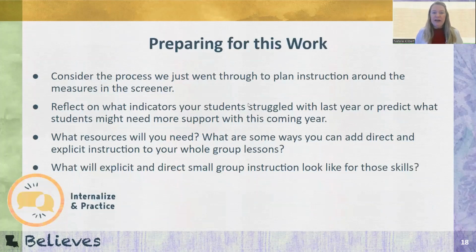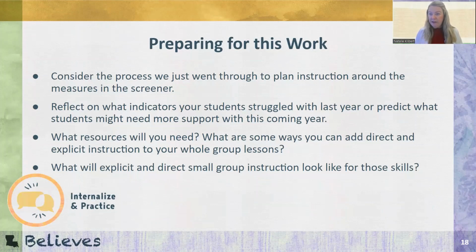Okay, so consider the process that you just went through to plan instruction around the measures in the screener, both from what Sarah said and what I said. Reflect on what indicators your students struggled with so far in this year or last year, and predict what students might need more support with this coming year as you go.